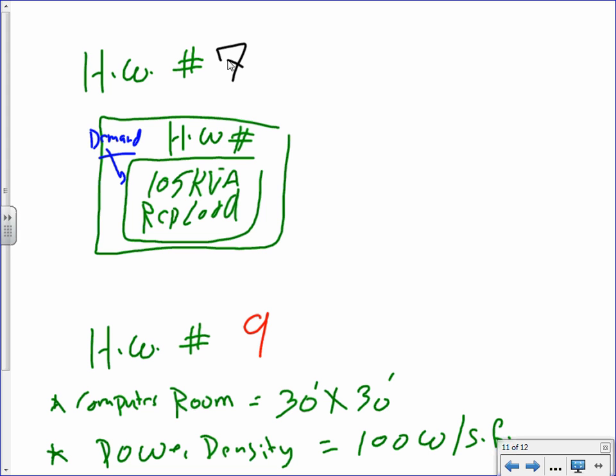Homework number 7, I would like you to take a 150 kVA receptacle load demand. I'm giving you all the demand. Do you need to cut it by 50%? No. So for homework number 7, you do not need to apply demand to it.